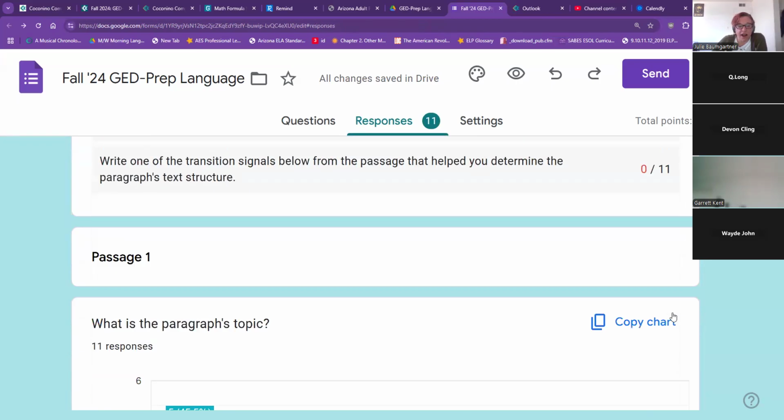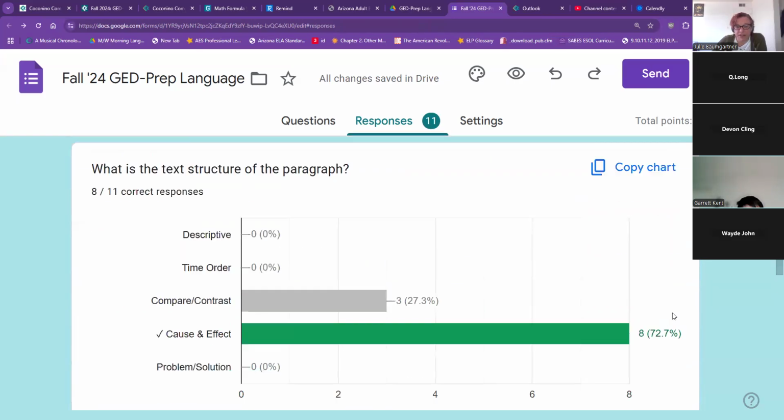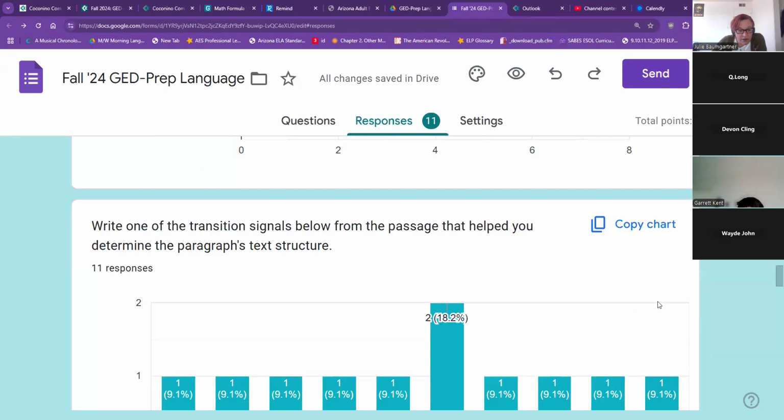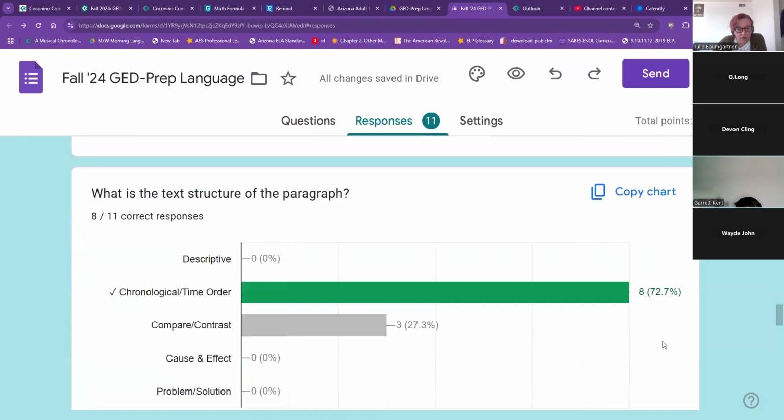Okay, so as far as the structure of passage 3, it looks like everyone's, here we go. So good. So once again, a few people got a little bit hasty, right? And got deceived by the first couple sentences.